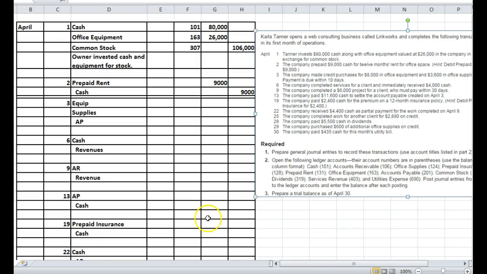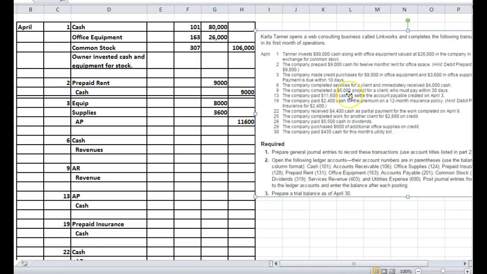So they're debits. So I have equipment here, and that amount is $8,000. I have supplies, which is $3,600. If I add those two together, that means I owe $11,600. So that establishes transaction 3.